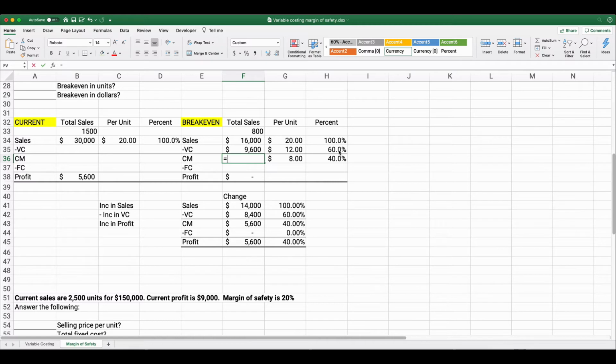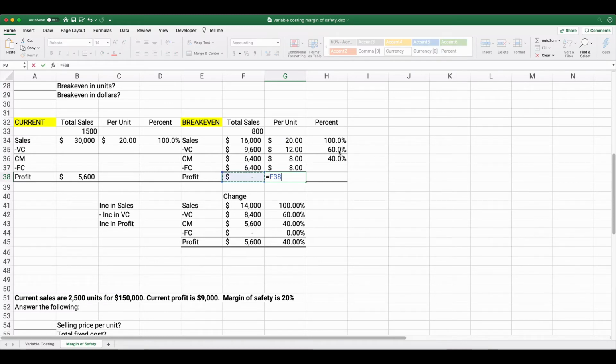So our contribution margin is going to be 16,000 minus 9,600, which is 6,400. What do you think our fixed cost is? Contribution margin minus fixed cost gives us 0. Well, this must be exactly 6,400, right? So if we do the math, continue on, 6,400 divided by the original 800 units, that's $8.